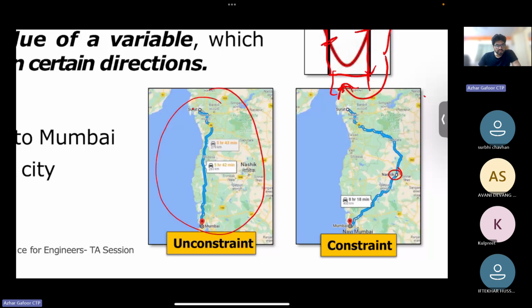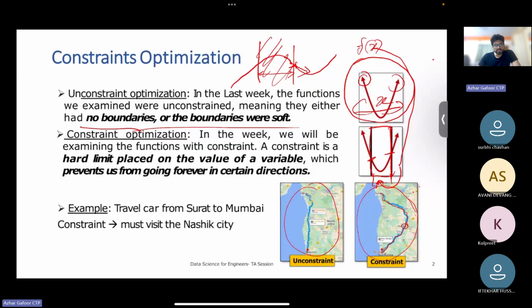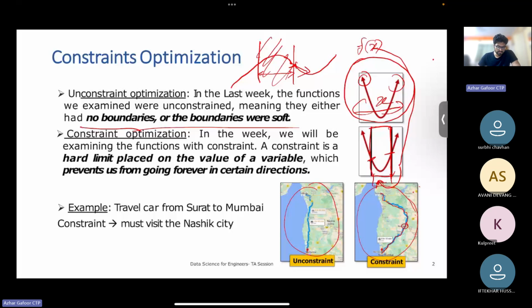Whereas if the constraint has to be satisfied, we have to change our route so that the route becomes longer. In the sense of optimization, if our problem was just to reach Mumbai from Surat, the constrained path is not the optimum path. Whereas in our actual case, since there is a constraint, we have to move via Nashik towards Mumbai. So that is the restriction, the constraint imposed on the problem.